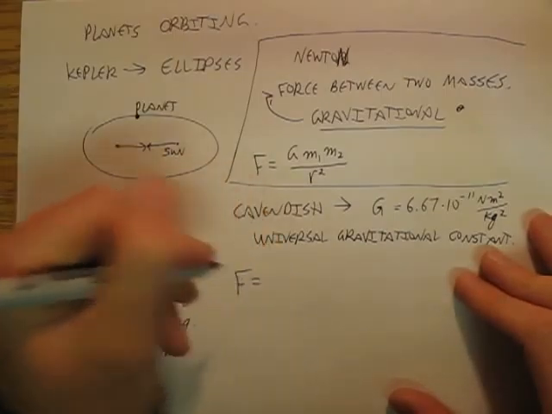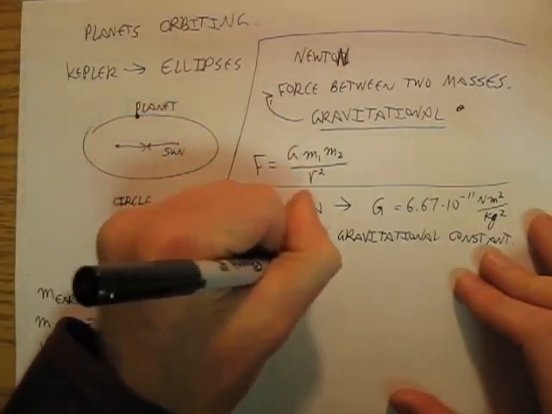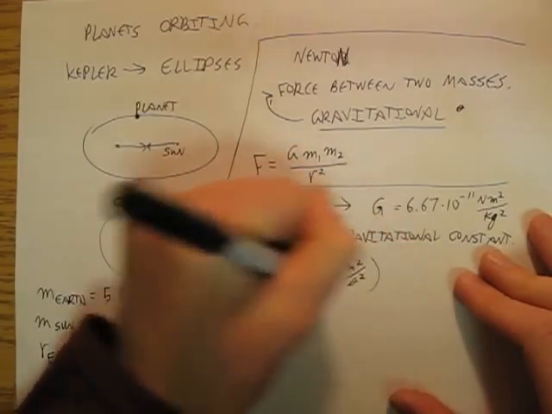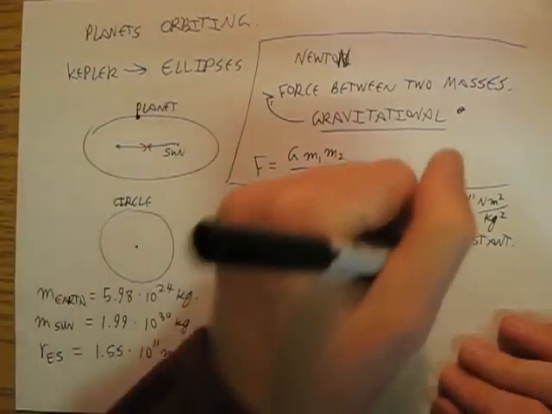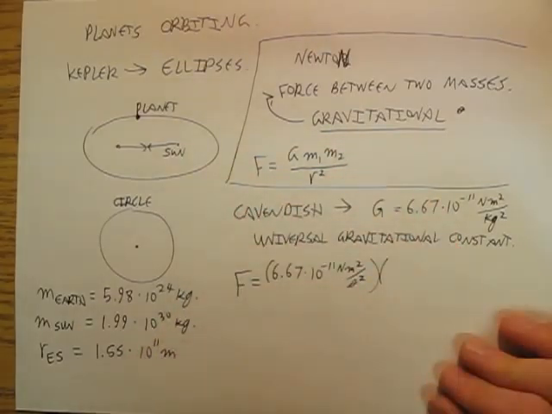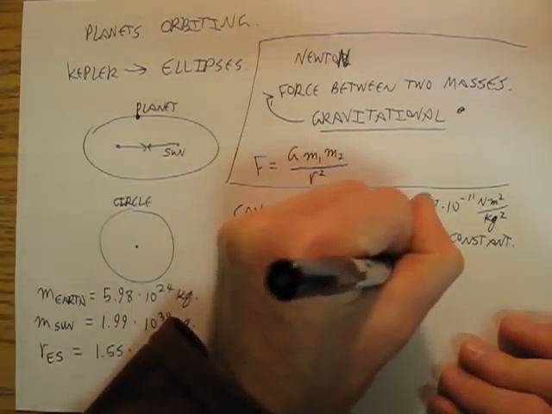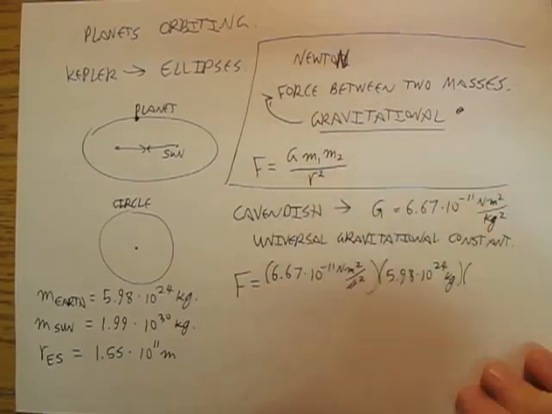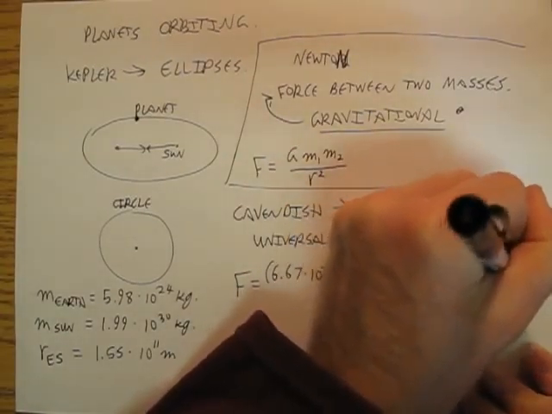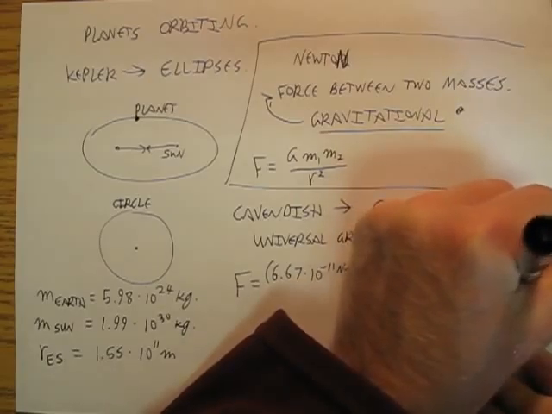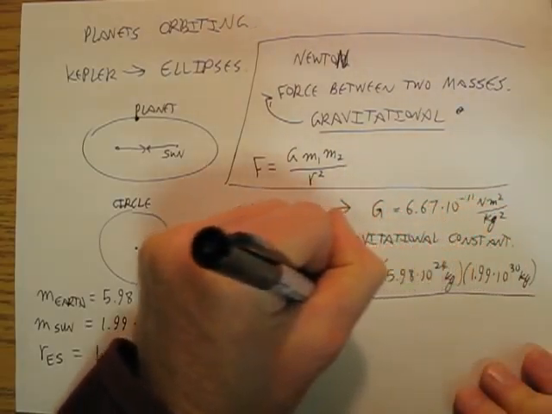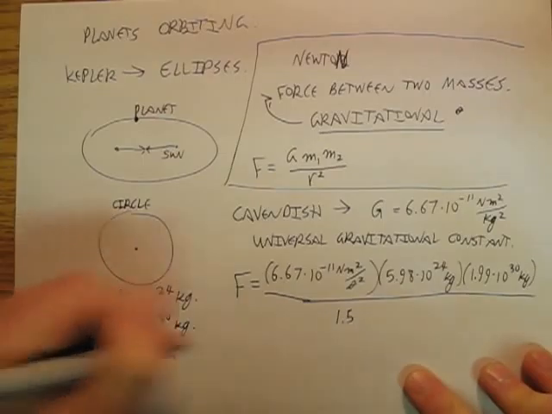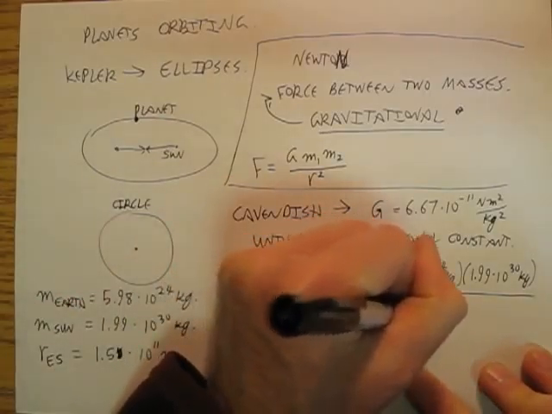The force is going to be 6.67 times 10 to the negative 11th newton meters squared per kilogram squared, times mass 1, we'll say that's the Earth, 5.98 times 10 to the 24th kilograms, times the mass of the Sun, 1.99 times 10 to the 30th kilograms, divided by 1.5 times 10 to the 11th meters.